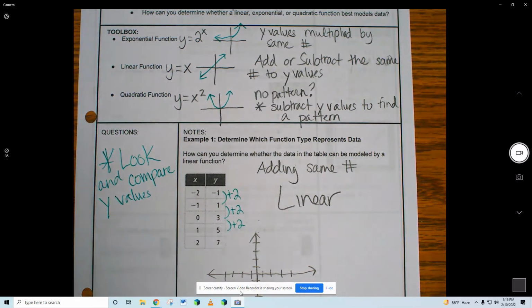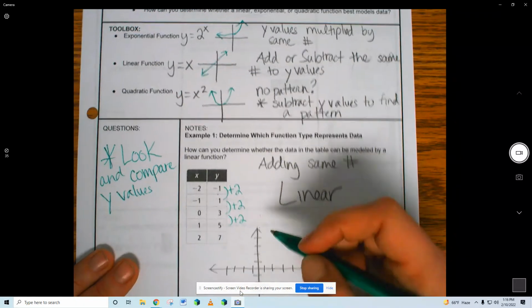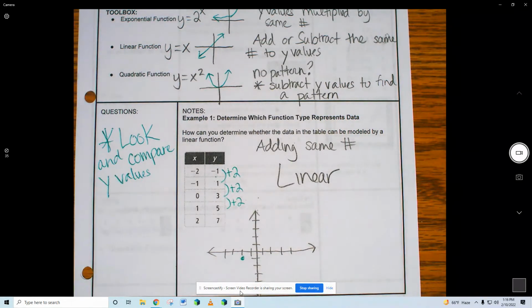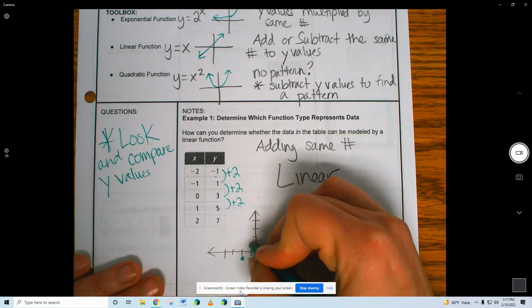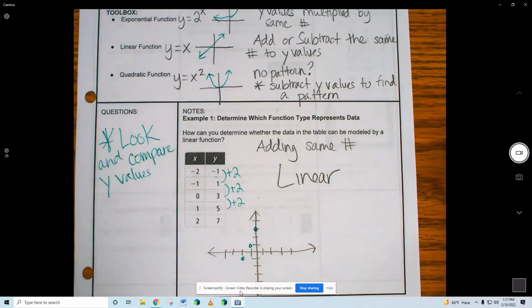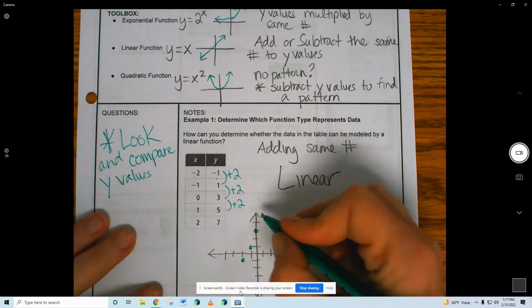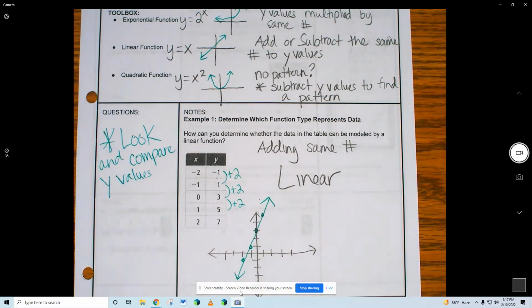Check it out. -2, -1. 2 to the left, down 1. -1, 1. 0, 3. It's my y-intercept. 1, 5. Connect the dots, straight line. My guess of linear was correct. So I did good. It's a linear.